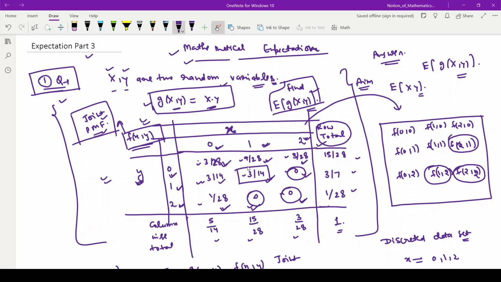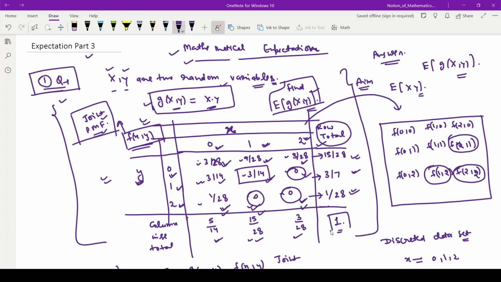If we sum up the entries in the first row, that is 15 by 28, the entries in the second row, that is this, and the entries in the third row, this is 1 by 28. If we sum up the values in the first column, that is 5 by 14, in the second column, 15 by 28, and in the third column, that is 3 by 28.